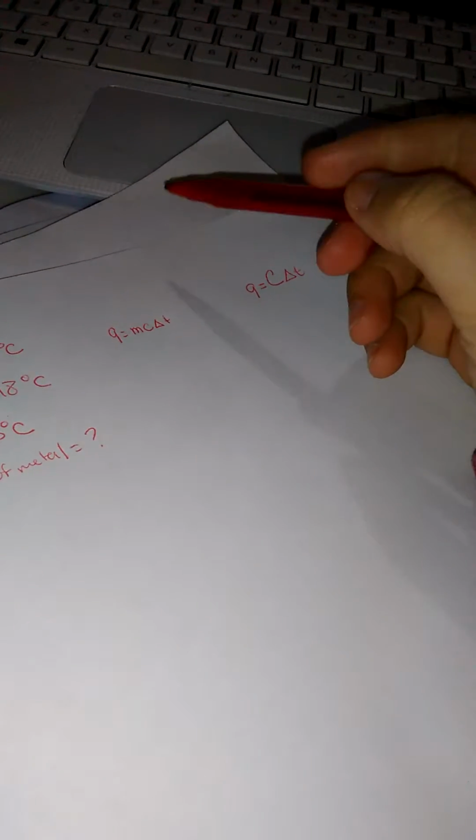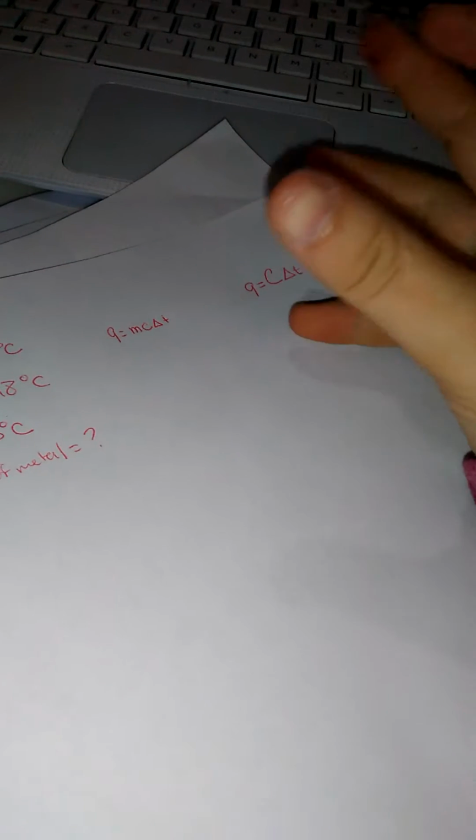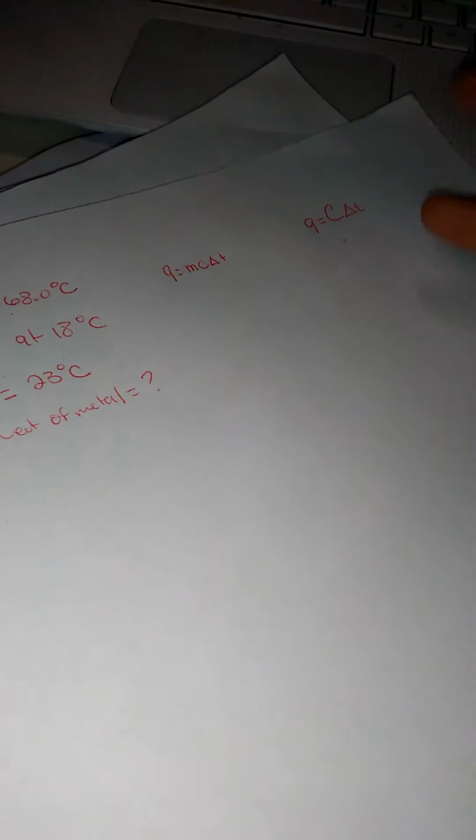So to finish this question and be able to do the calculations, we need to understand that these two equations are very different from each other. What they want from us, the question, is the specific heat. If the question says specific heat, this is the equation that you will most likely use.